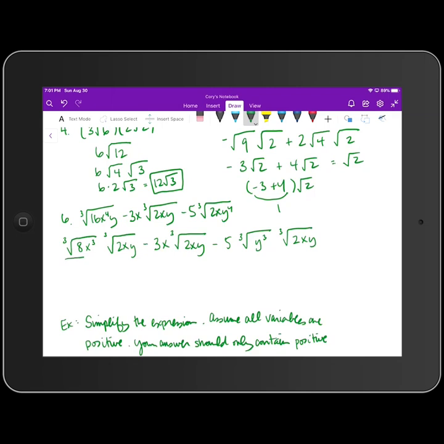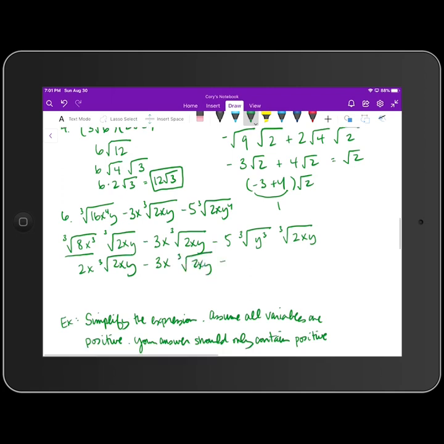Okay, so when we simplify this expression out front, the cube root of 8x cubed, the cube root of 8 is 2, the cube root of x cubed is x, times the cube root of 2xy, minus 3x times the cube root of 2xy, minus 5 times the cube root of y cubed is just y times the cube root of 2xy.